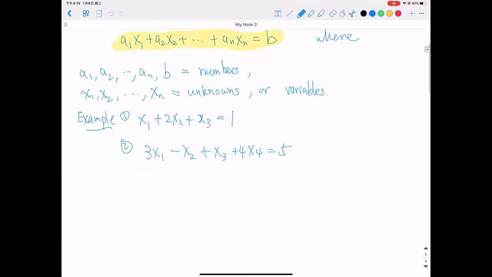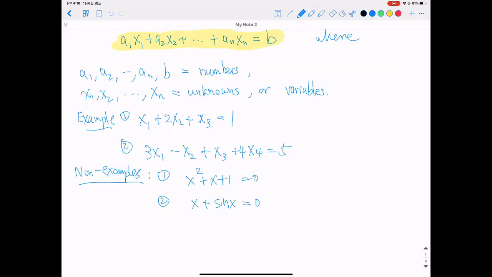Okay, so for non-examples, let's say you have x squared plus x plus 1 equals 0. This is not an example. Let's say you have x plus sine x equals 0.